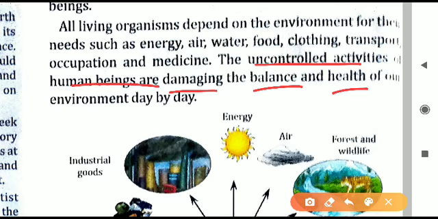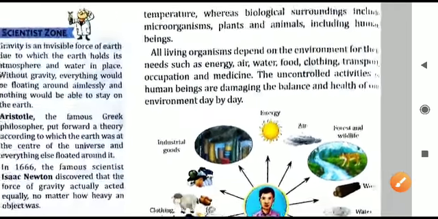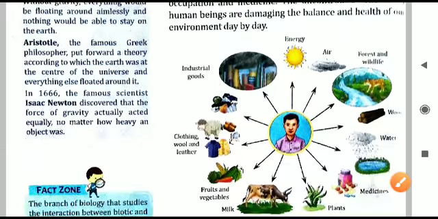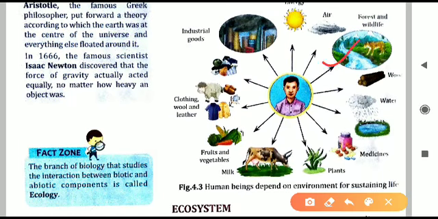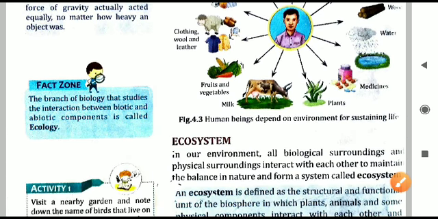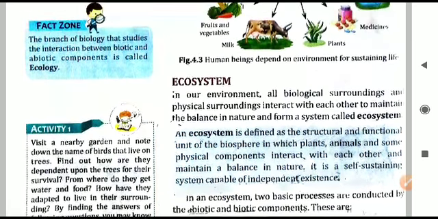If we are not maintaining this natural balance, then one day human beings will have to suffer. This is a small flowchart given here. You can go through this. These are the requirements of human beings, and all these are provided by nature. That is why we have to respect nature, try to maintain a balance in natural things, and not waste them.